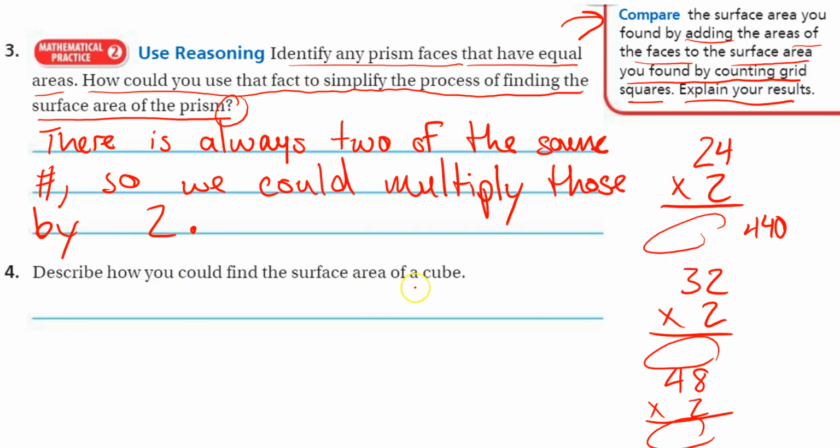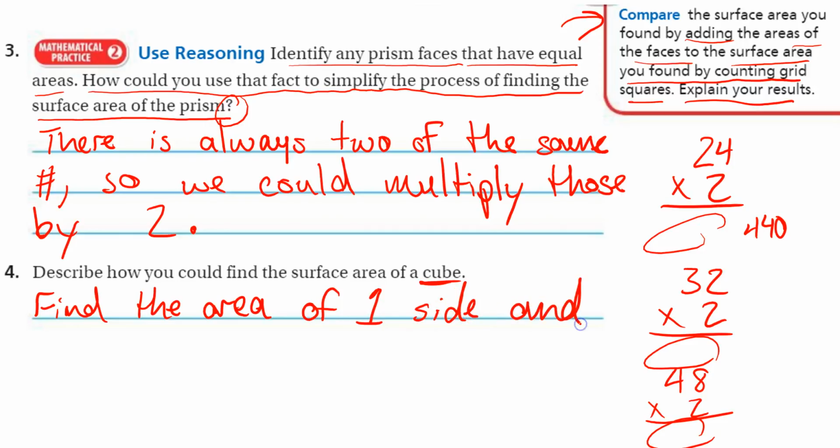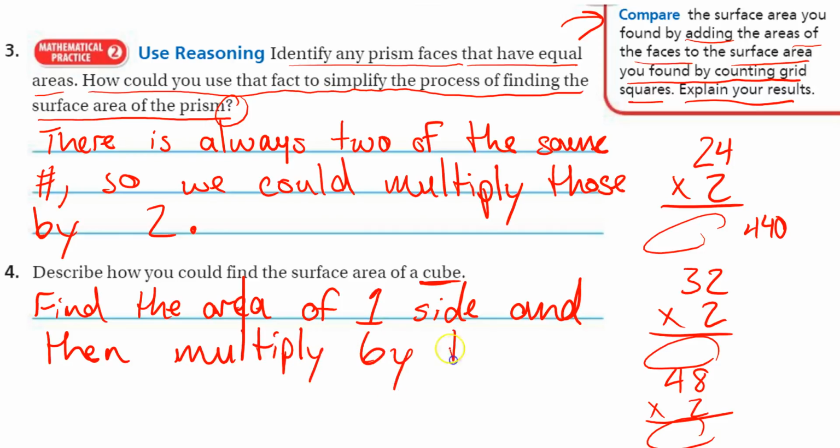Describe how you could find the surface area of a cube. Well, since a cube, all the squares are the same, you would find the area of one side, and then multiply by the number of sides.